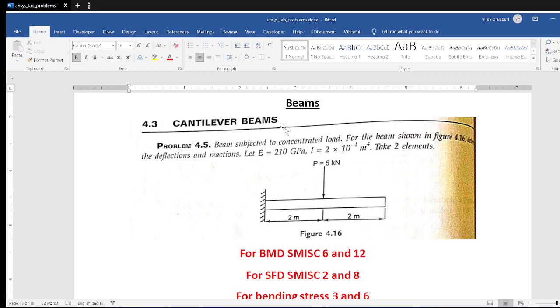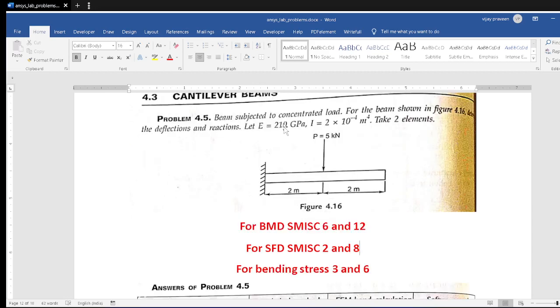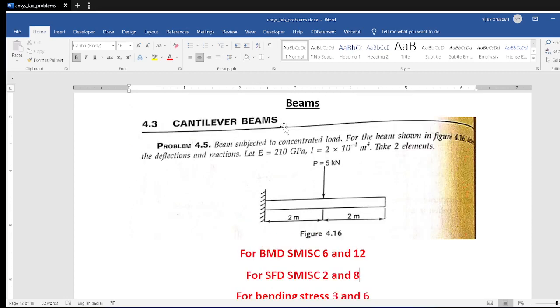Out of these, for the syllabus we are going to take up cantilever beam and simply supported beam problems. Along with that, there are different load conditions, that is point load, uniformly distributed load, and uniformly varying load. We are going to deal with them one by one.